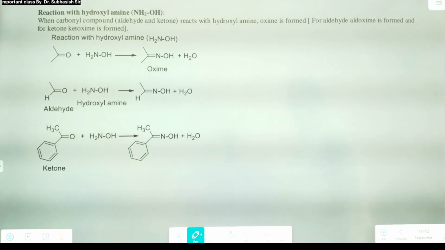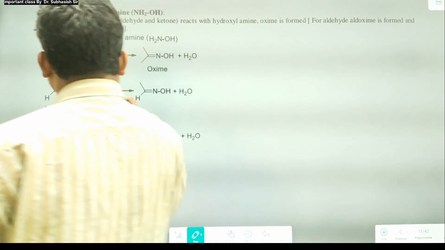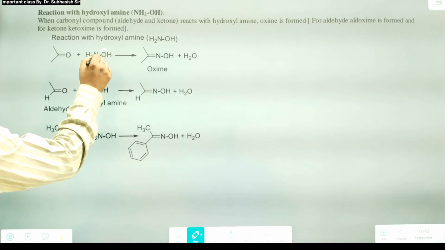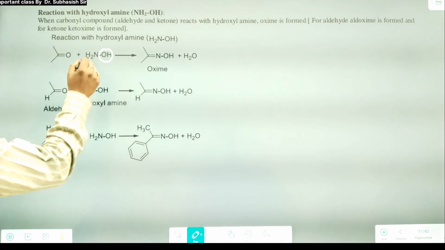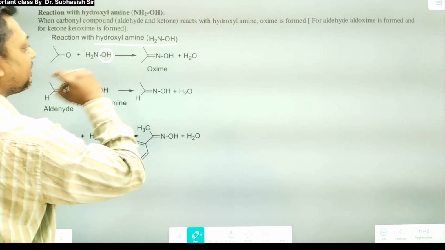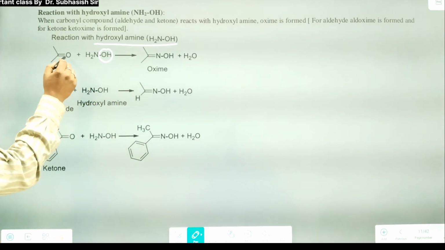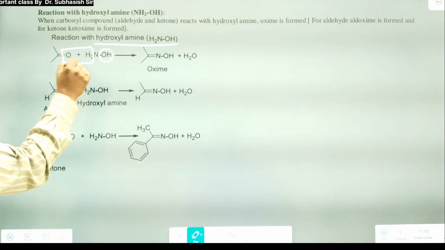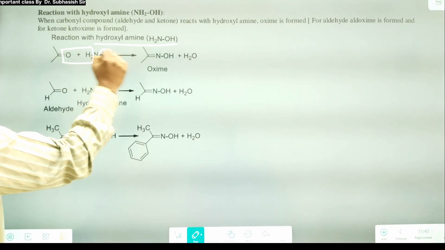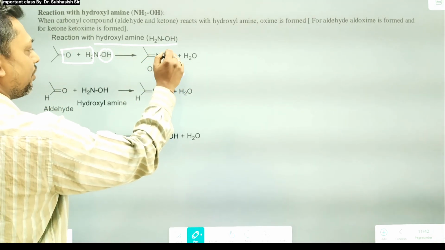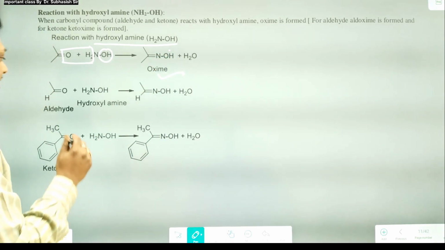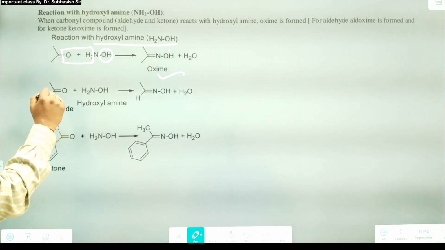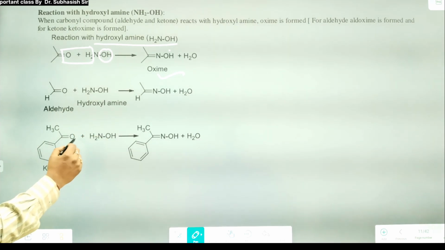So as I have already discussed with you, if Z is OH, then we call it hydroxylamine. Here also you can see clearly that oxygen and hydrogen will go out, and you will end up with NOH, which is called oxime. Here is another reaction I have shown for oxime.